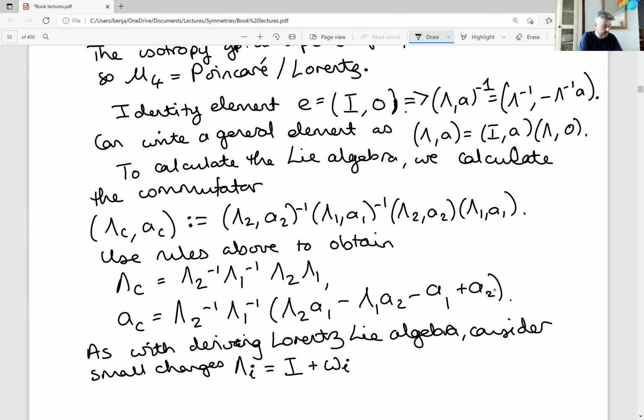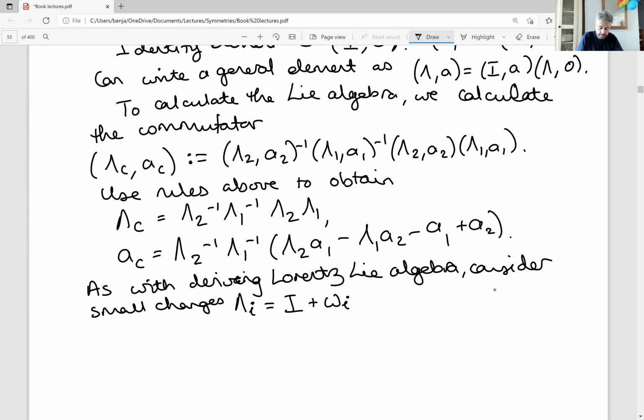If you substitute the lambdas into the equation for a_c, you should find that a_c^mu is equal to omega_2 a_1 minus omega_1 a_2, plus some other terms, and we're not interested in the other terms.